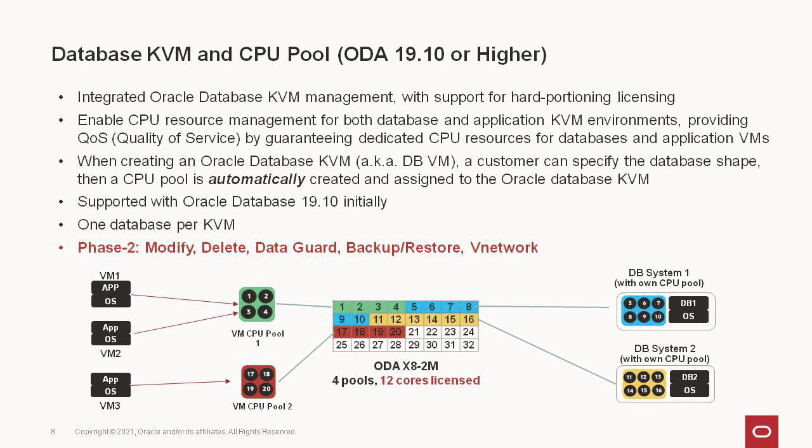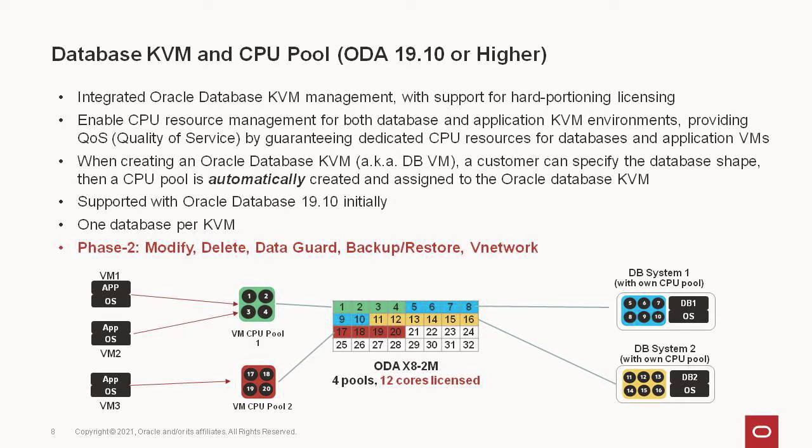However, modifying them and some of the other integration work has been done for the next release, which is going to come out at the end of next month, the 1911. But the benefit of the current implementation is that with database KVMs, you can do the hard partitioning license.